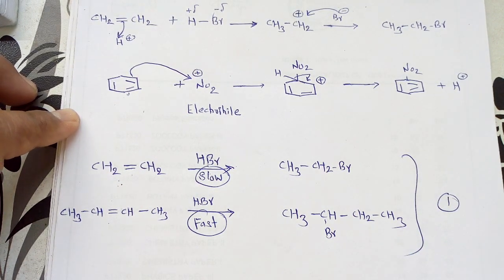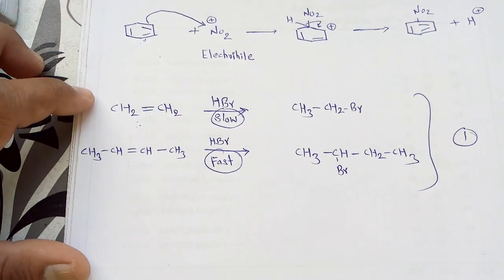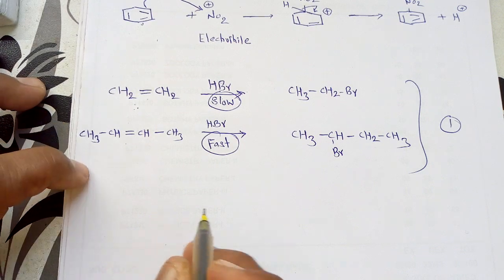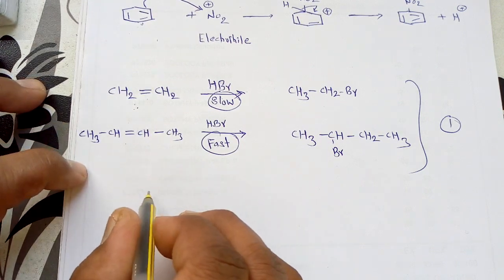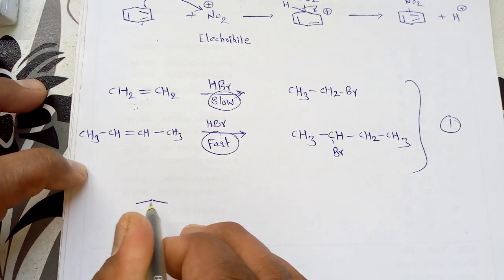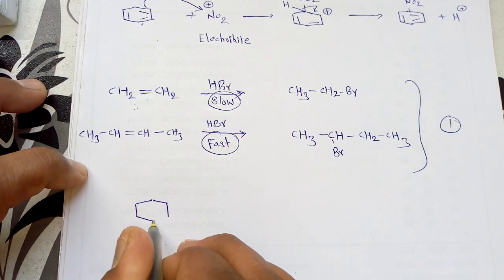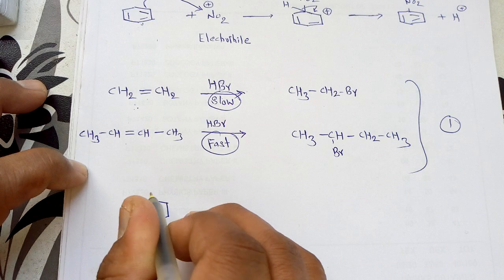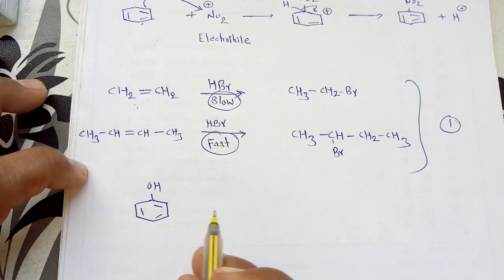Now again, if I take another example for our discussion, suppose I take a benzene derivative, suppose phenol, single bond OH, this is phenol.